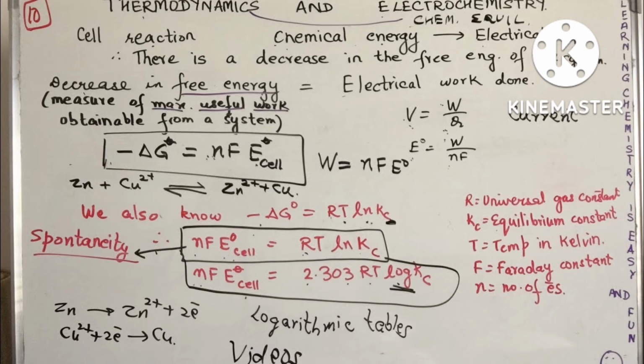The balanced equation given is 3/2 O2 as reactant and the product is O3. Temperature is 298 Kelvin, and the Kp value is 2.47 into 10 to the power minus 29.